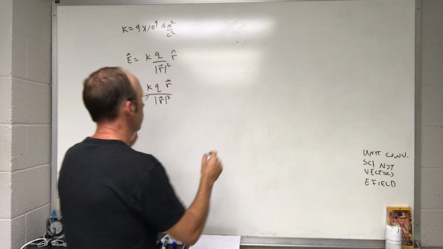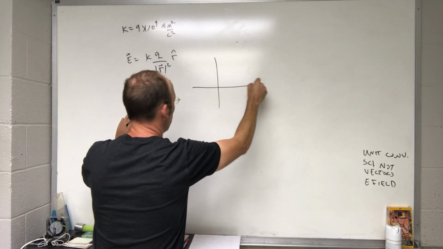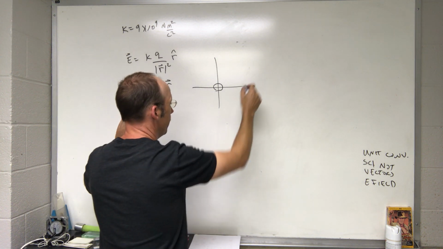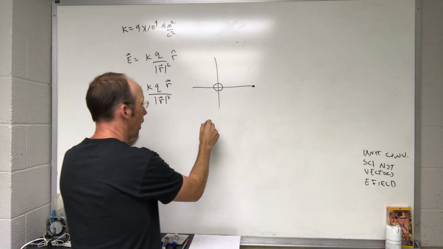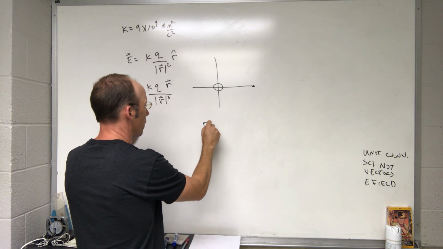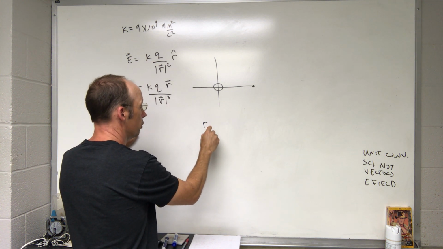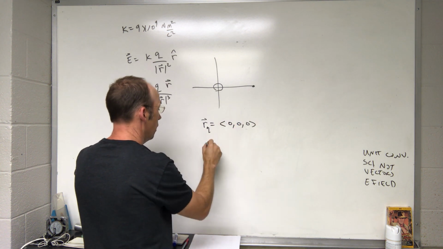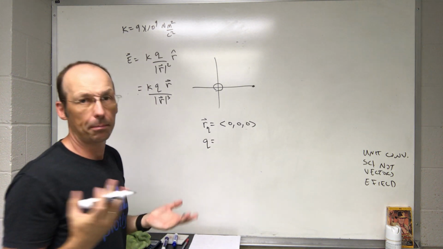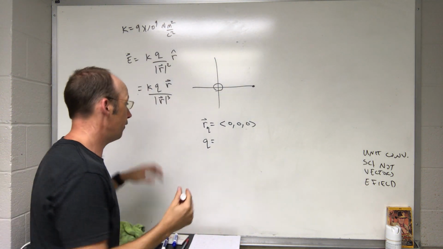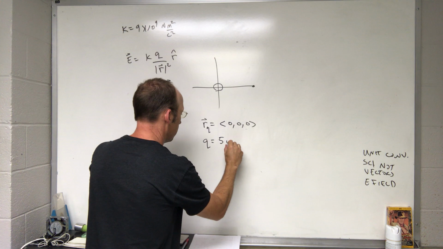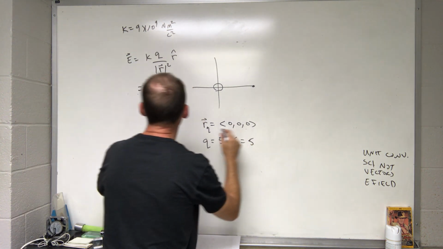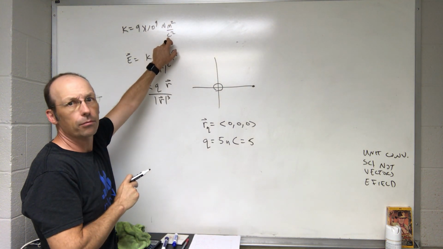Let's suppose I have a charge right there at the origin, and I want to find the electric field right there. I'm going to write down a couple of things. The location of my charge, Q, is the vector 0, 0, 0. The magnitude of the charge, I'm picking something, let's say it's 5 nanocoulombs. This has units of coulombs, so I can't use nanocoulombs; I need to convert.